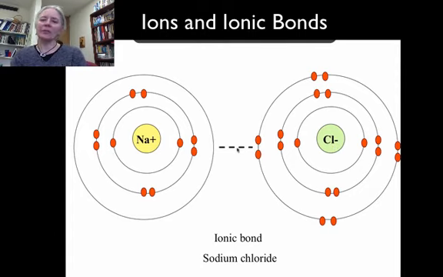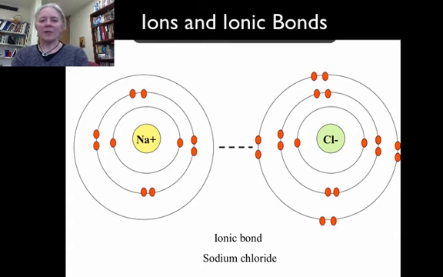Think about table salt, that's sodium chloride, the stuff you sprinkled on your potato chips, or put on your French fries, or wherever you put your salt. You don't put in sodium and chloride separately, they're together in your table salt. And you can't separate them very easily. So this is fairly stable, but not quite as strong as a covalent bond.